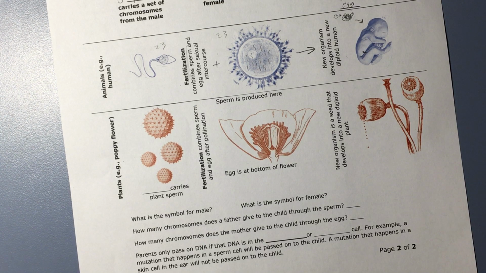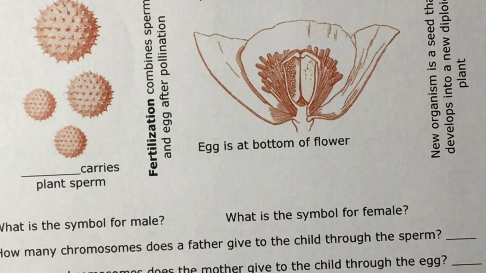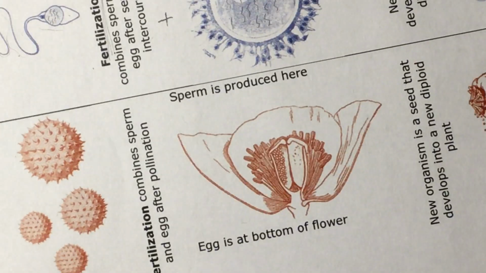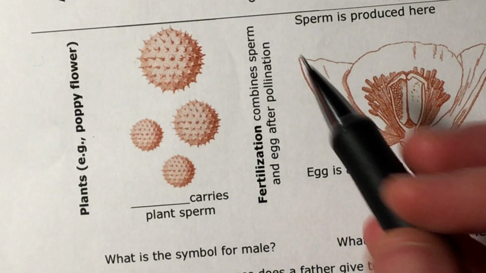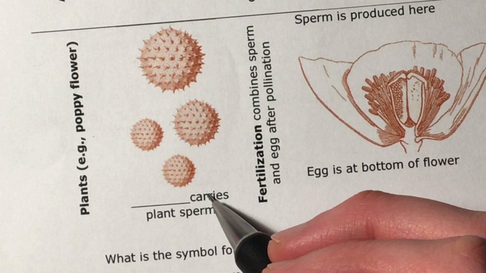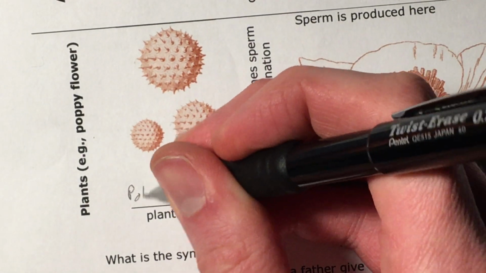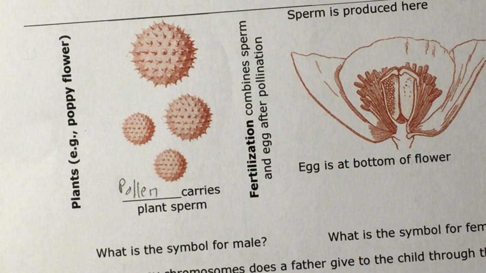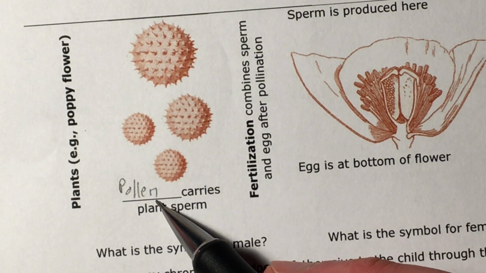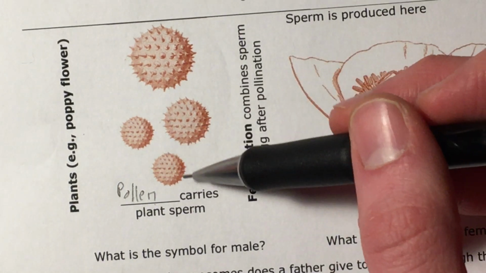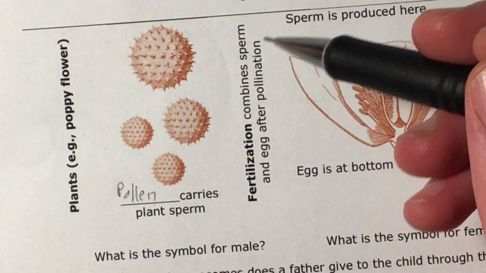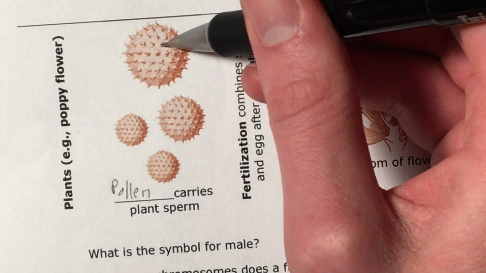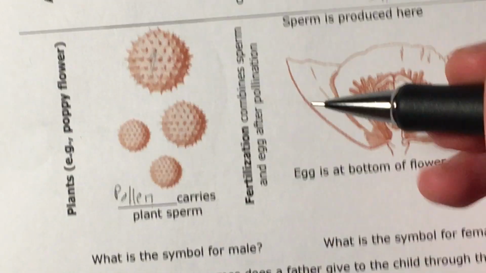So here's my question. How do plants do sex? Do plants have sperm? Yes, plants do have sperm. It's carried inside of pollen. So if you're allergic to pollen, you are allergic to plant sperm, basically, okay? So the sperm is inside of these pollen cells.